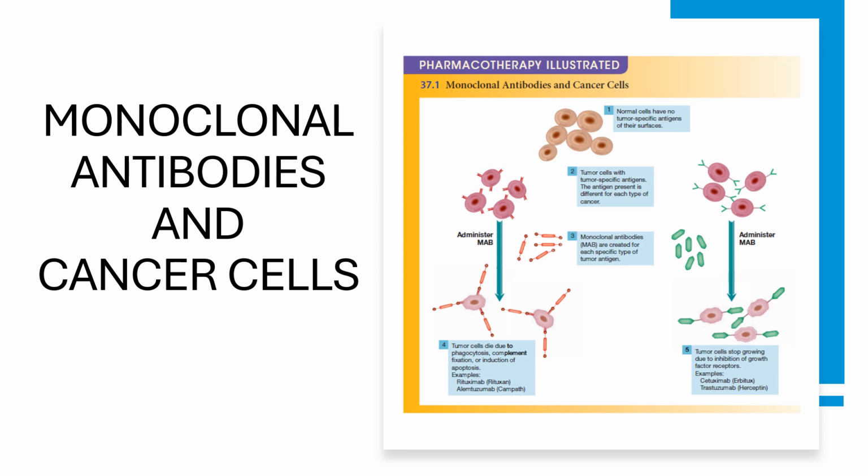Research into the mechanism of cancer formation has allowed scientists to identify specific proteins or antigens on the surface of cancer cells that are not present in normal cells. Different types of cancer cells exhibit different antigens. For example, cells in a brain tumor would have different antigens than those of a pancreatic tumor.